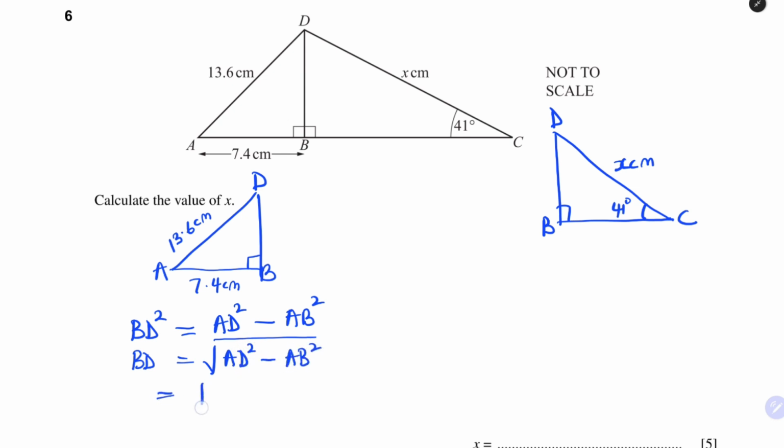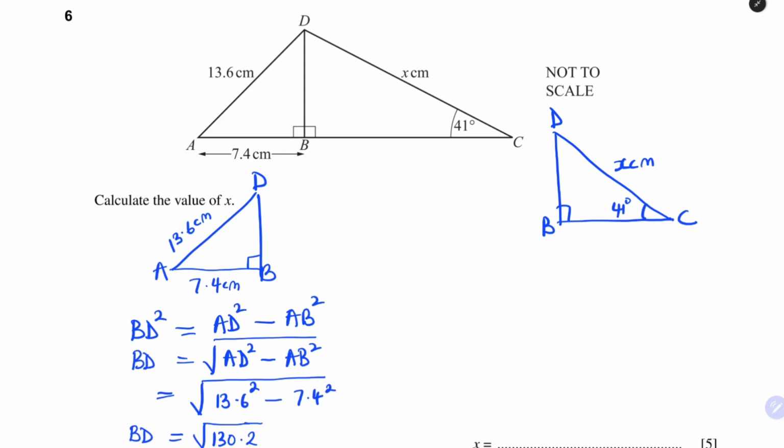Let's substitute our values. What is AD again? 13.6 all square minus 7.4 square. If you do that neatly and nicely, you will find out that your BD is going to be equal to the square root of 130.2.